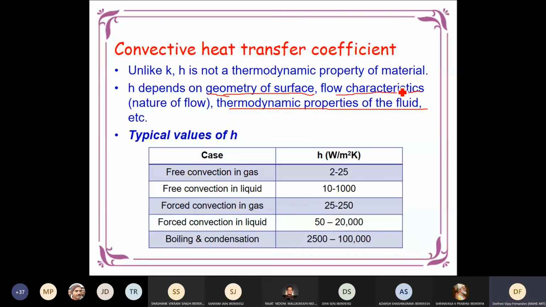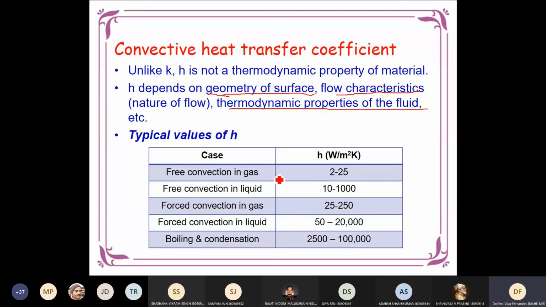Flow characteristics: the flow may be laminar or turbulent. Then the thermodynamic properties of the fluid, the viscosity, heat capacity, and thermal conductivity of the fluid, all influence the rate of heat transfer.